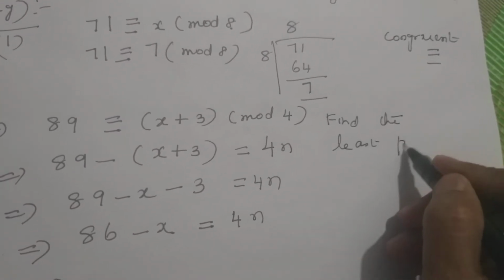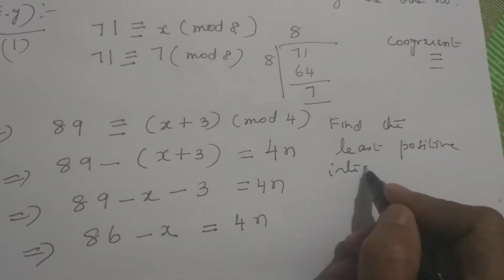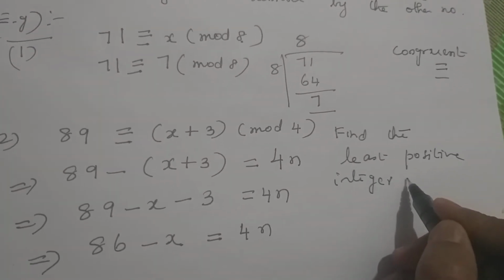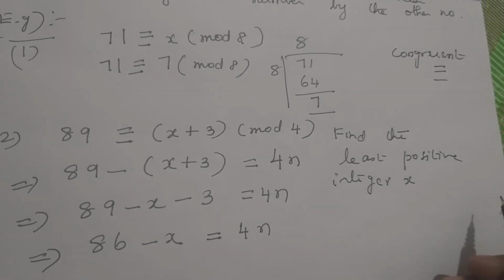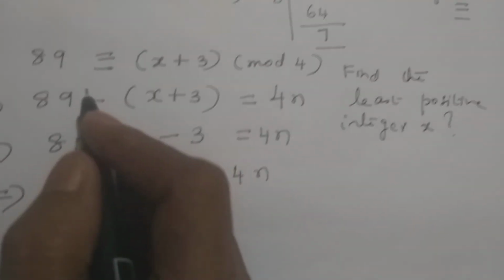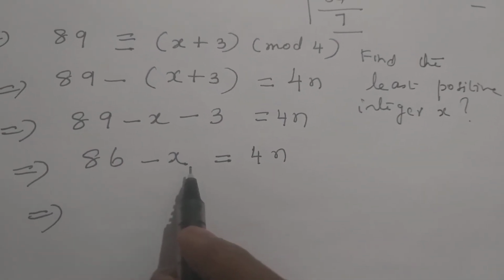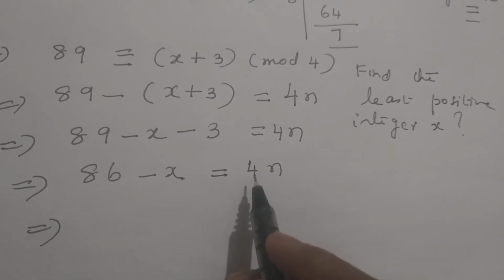Find the least positive integer x such that this is given. So that means when you multiply any number, you have to get a multiple of 4.